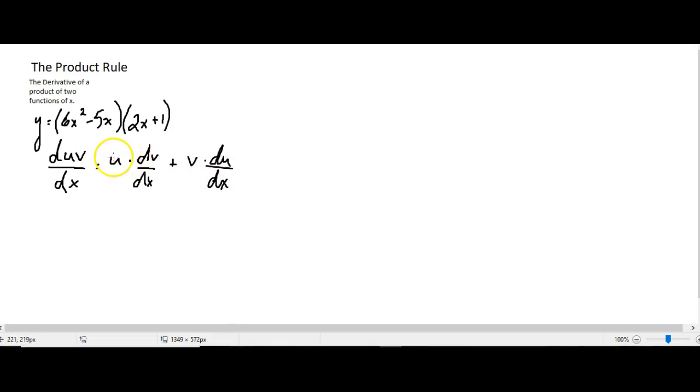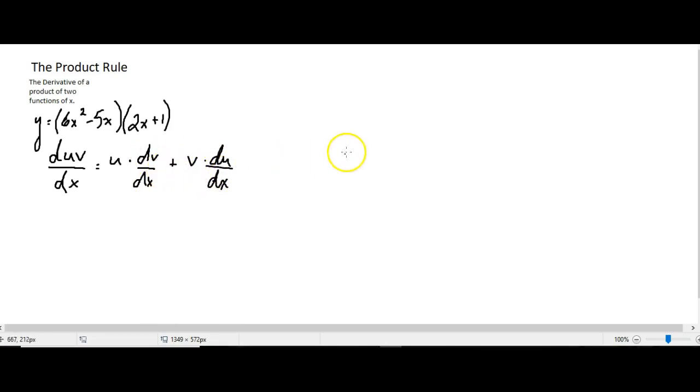So we name the first function u, 6x squared minus 5x, and we name the second function v, 2x plus 1. And so you'll notice that we have one function u, the first factor in this product, the other one is v, and the other things we're going to have to figure out are the derivative of the function u with respect to x and the derivative of the function v with respect to x.